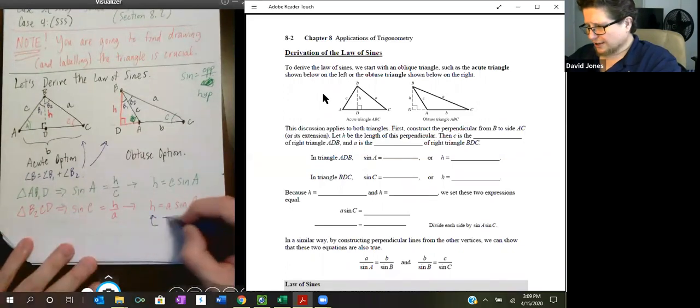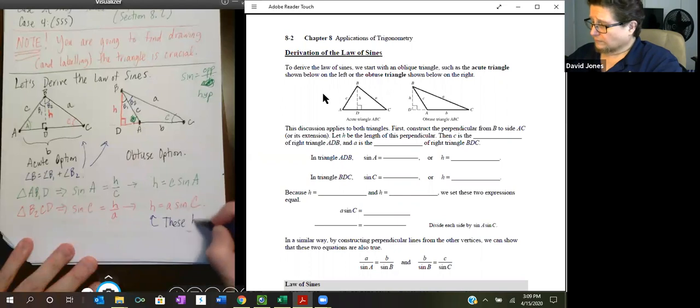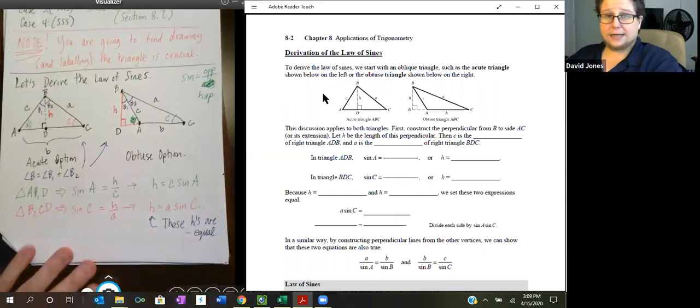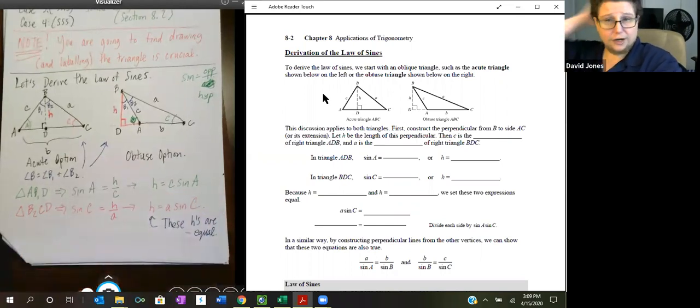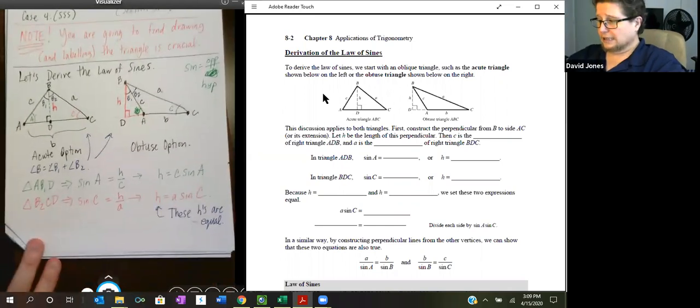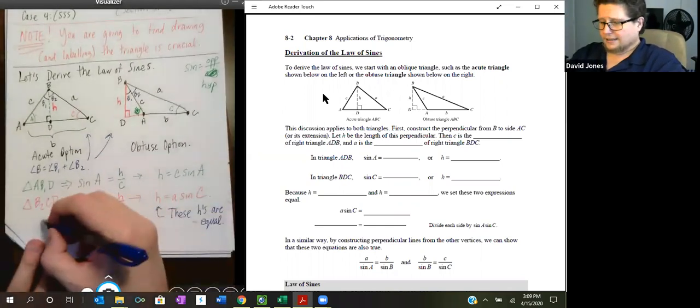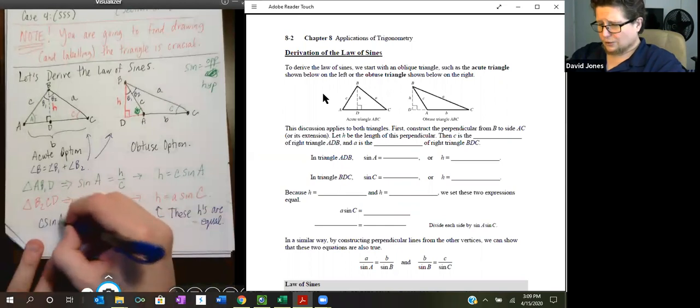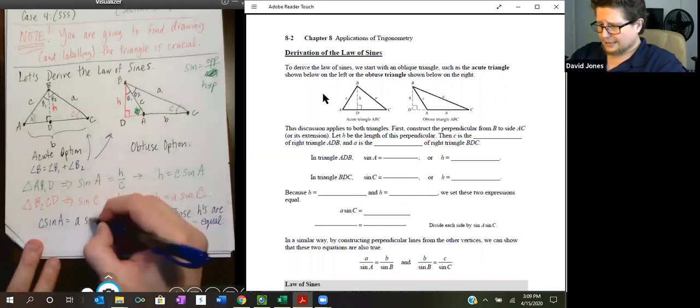These h's are equal. It's the same h because it's the same side, just of two different triangles. So we set those equal to each other: c sine A equals a sine C.